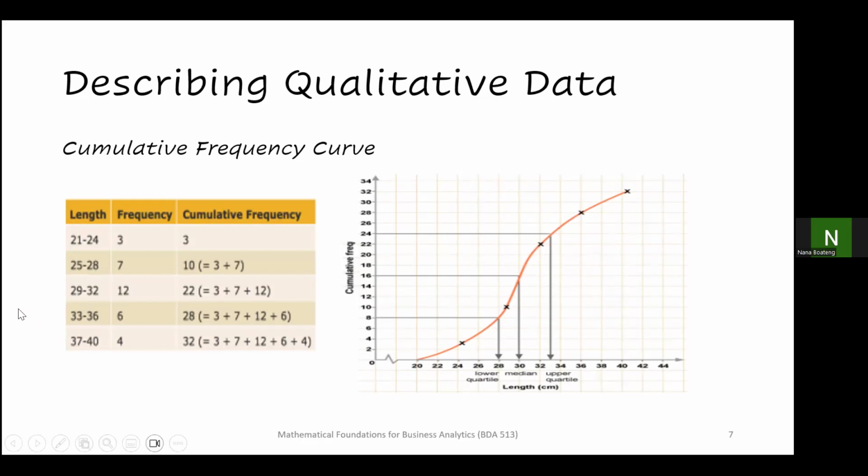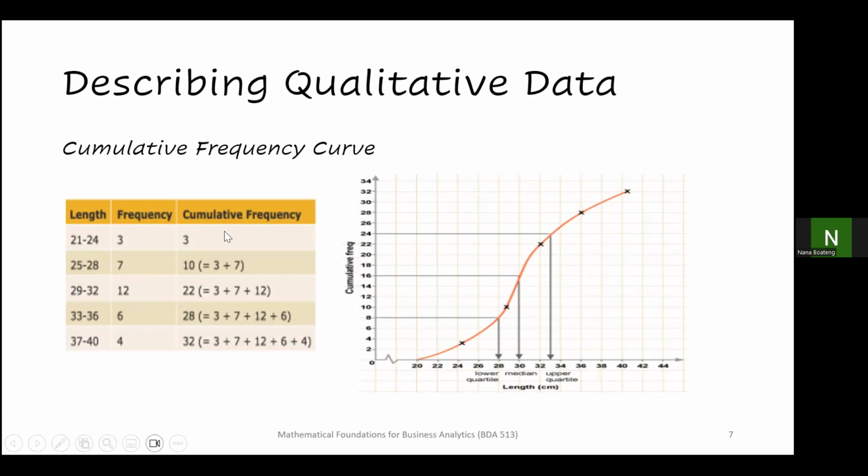In terms of age, let's say we have the 21 to 24 group, 25 to 28 group, 29 to 32 group, 33 to 36 group, and then 37 to 40 group. Within each group, how many observations fall into it? That gives us the frequency, which is what you have in the second column.